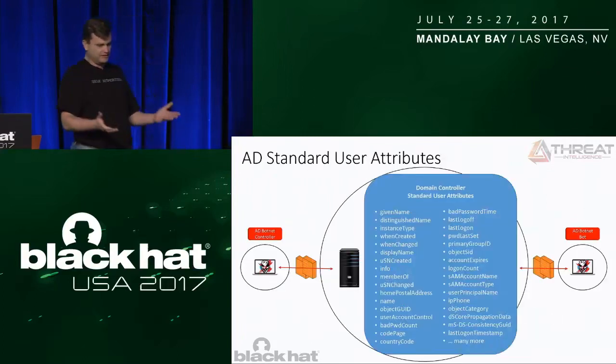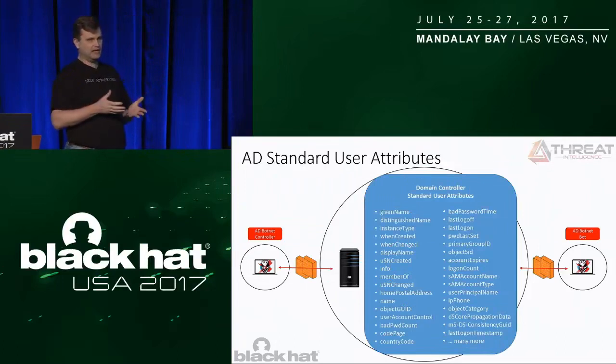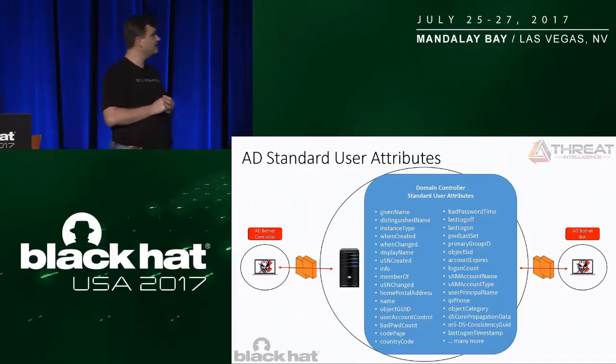So there's a lot of standard user attributes. Not all of these are writable to the average user, but a subset of these are usable. They range in size from about a megabyte down to about 64 bytes or something like that. I can't remember the lowest one, but the largest attribute's about a megabyte from memory.